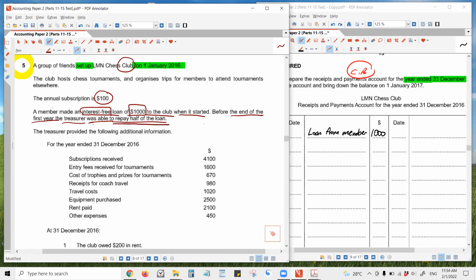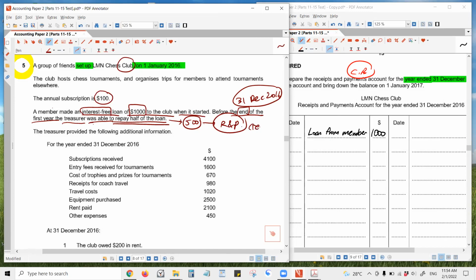Repay half of the loan. So at the end of the first year, repay half of the loan. At the end of the first year, so on which day? End of the first year is 31st December 2016. Okay, so remember to include this 500 into the receipts and payments account at the year end.